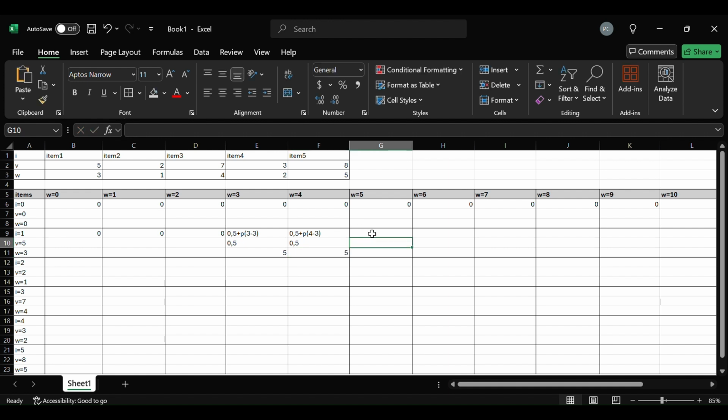Then we continue for the next block here, and if you keep repeating these steps, so deciding between did not pick versus pick, you will see that our value here will be 5.